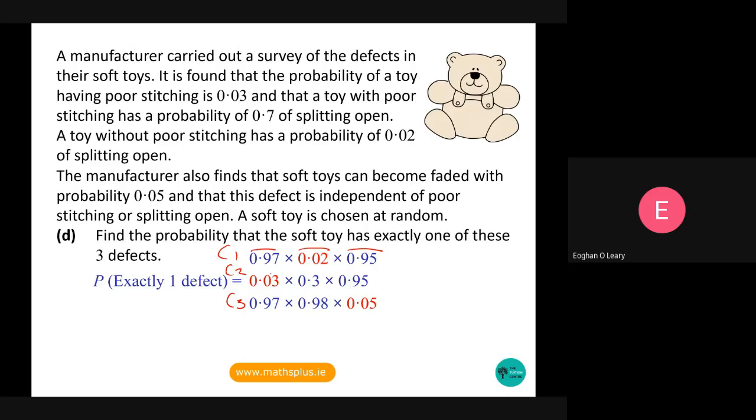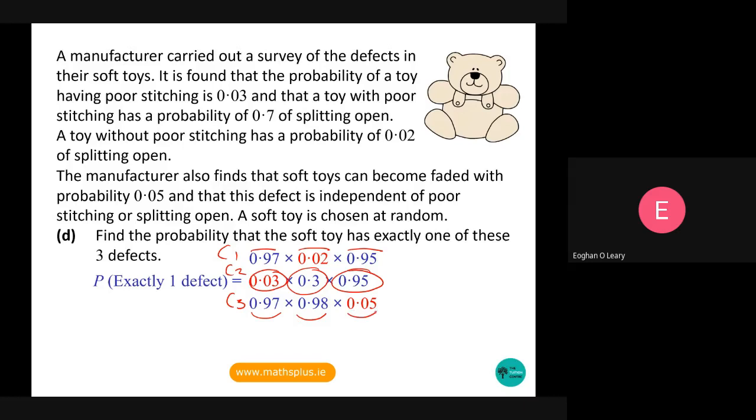In case 2, you have poor stitching. It does not split open, and it does not fade. And in case 3, you got good stitching. It does not split open, but it does fade.